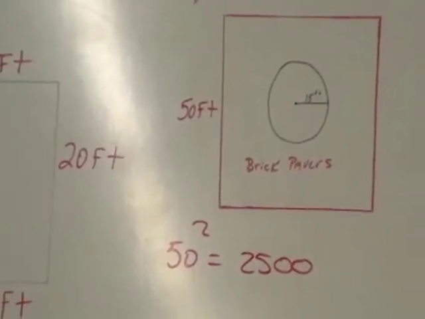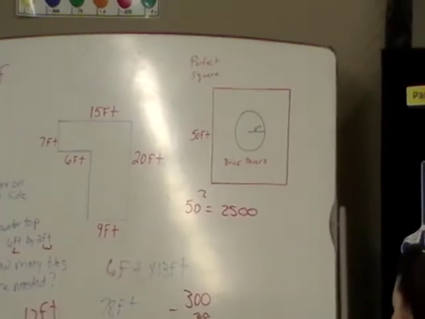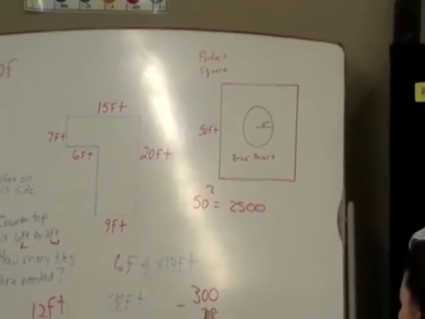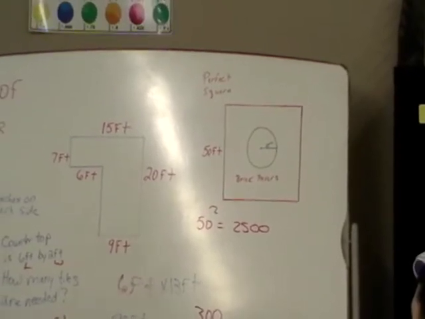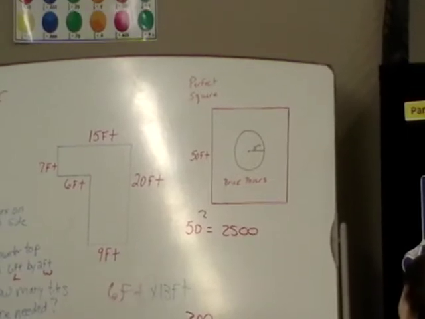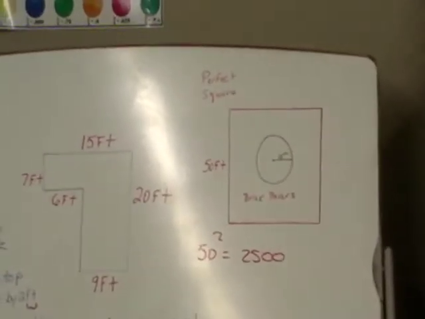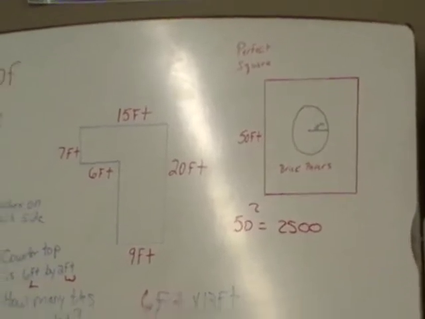Can anybody tell me how you figure out the area of a circle? Do radius times radius. Okay, radius squared times 3.14. Let's see. You done got a pencil. There you go. That was good, so the man deserves a hat today. There you go.